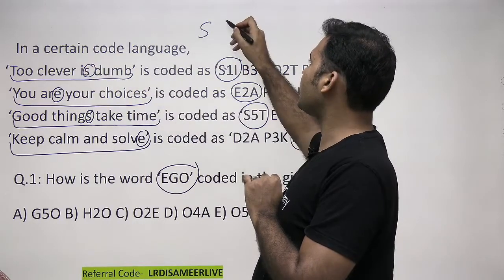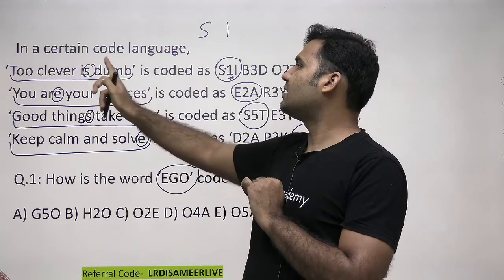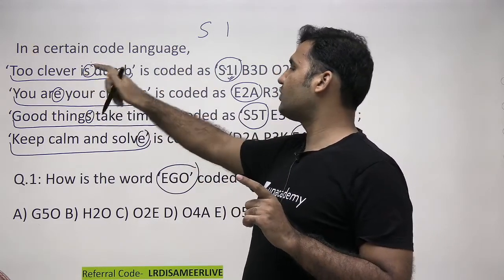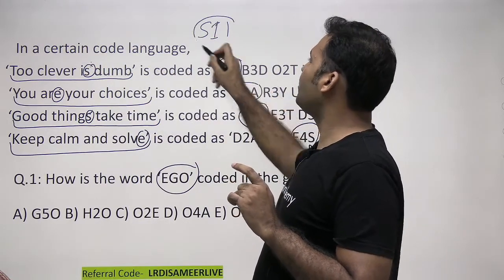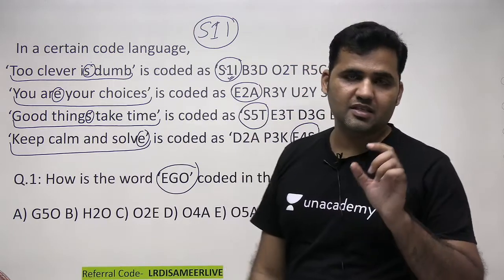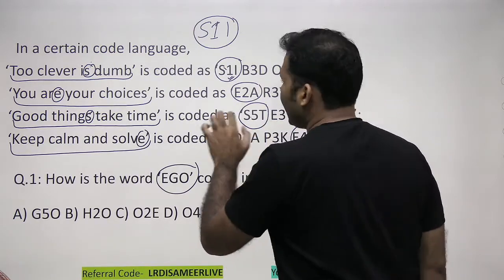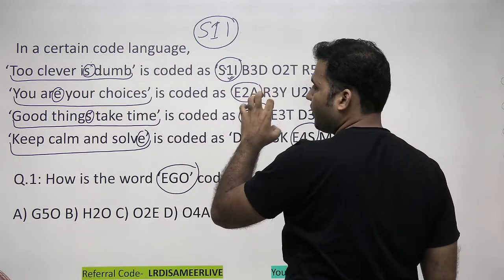Yes, I is a first letter. Is 1 related to something with these 2? 1 is 1 less than the number of letters being used here. The number of letters in this word is 2. So S1I can be the code, right? This is a kind of reading that you have to do. Now to cross verify it, try to see whether the same coding pattern is being followed over here or not.